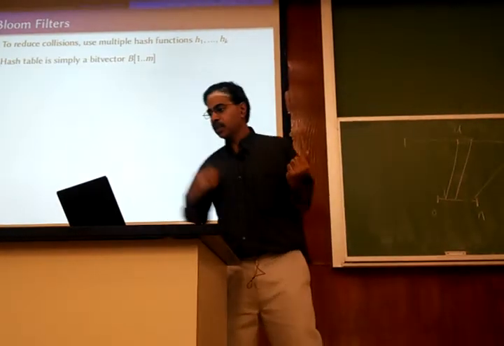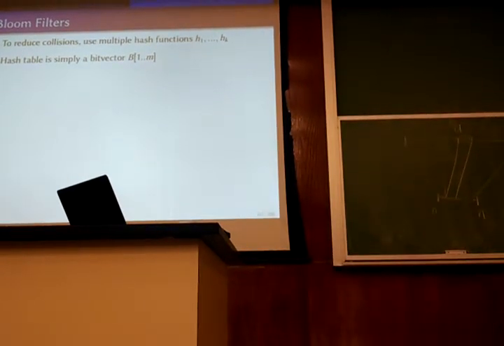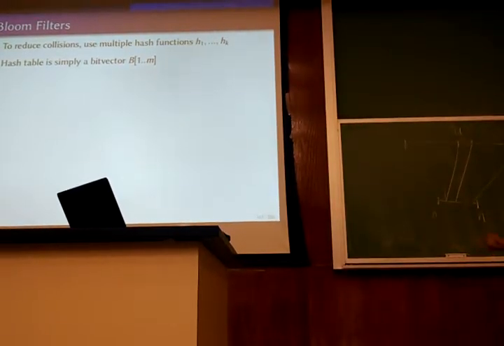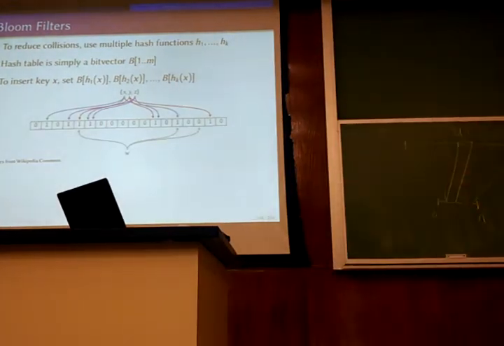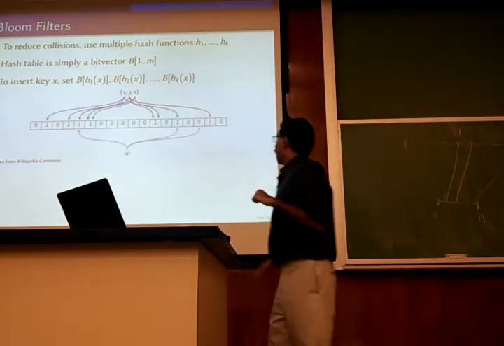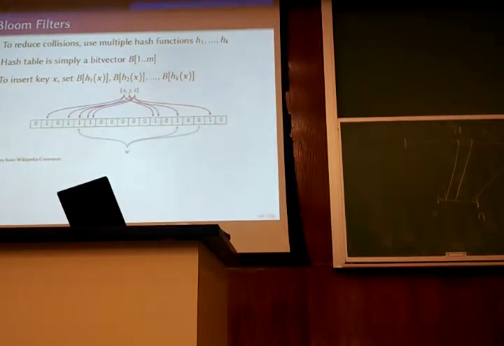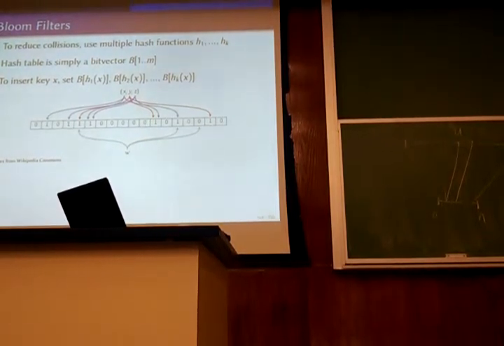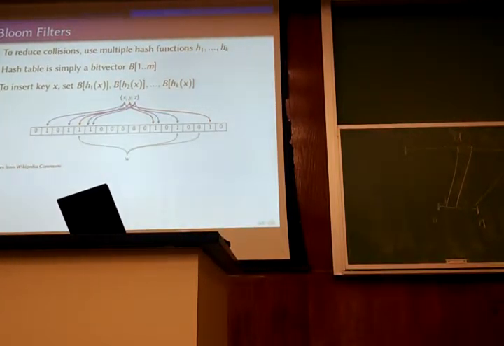Okay, so let's say you use k hash functions. And the hash table, as I said, is simply a bit vector. Okay, so let's look at how this picture helps. So this is your hash table, a bit vector. Okay, and to insert a key, what you're going to do is take that key and hash it using the k hash functions.